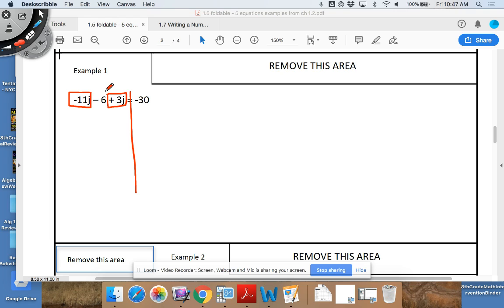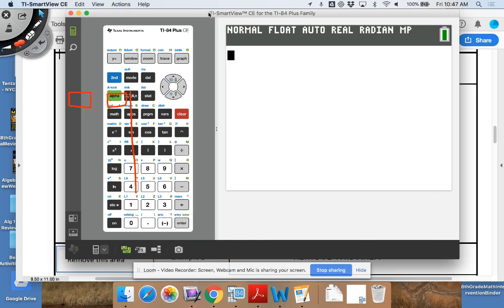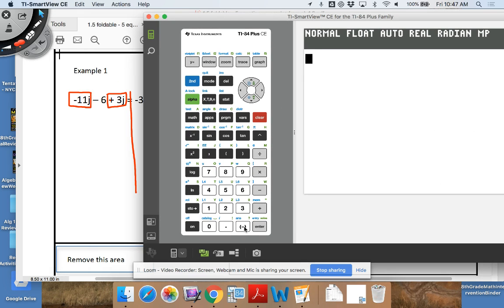But the other thing I want you to notice is, aren't they on the same side of the equal sign? If they're on the same side of the equal sign, when we combine them, we literally do exactly what signs it tells us. So it says negative 11j plus 3j. If you struggle with the integers, which a lot of people do, in our calculator we're going to be typing negative 11, but we can't type the j.